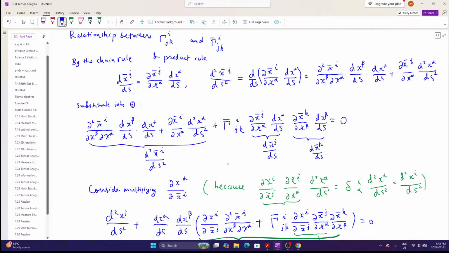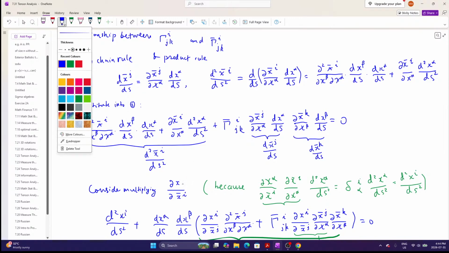Okay, so let's do that. Here, dx alpha over dxi times dx bar I over dx alpha. Actually, that's not a good idea either, is it? Oh, right, I mean sigma, not alpha. Alpha is a dummy index, so that can't be used either.